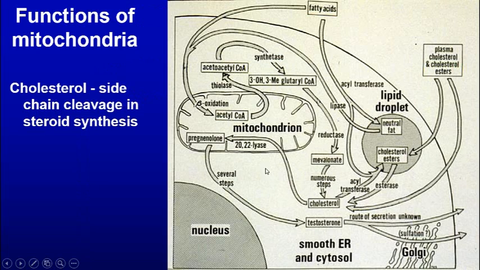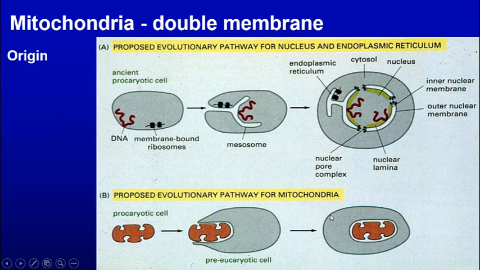Now, we mentioned that smooth ER was involved in production of cholesterol, but when it's produced, the side chain is cleaved in the mitochondria, and then it comes back, and smooth ER is involved again in the final steps of producing testosterone. Now remember how the nucleus enfolded from a cell membrane to make a double membrane?